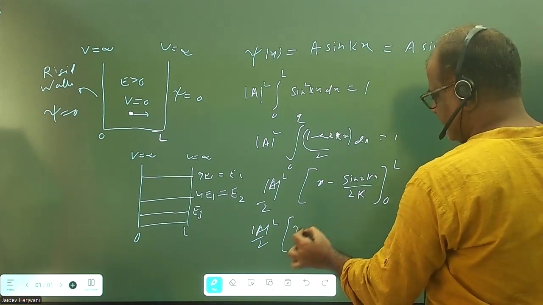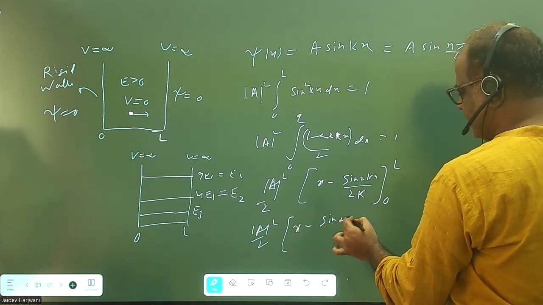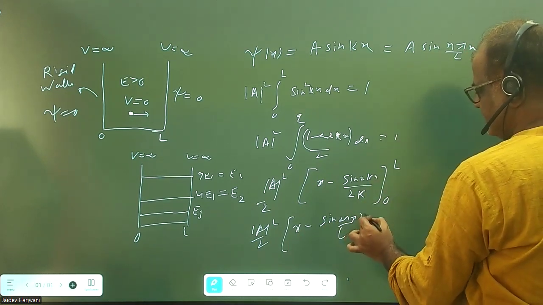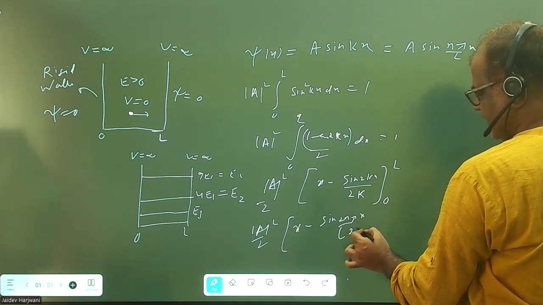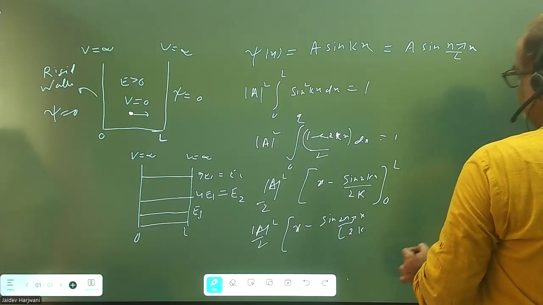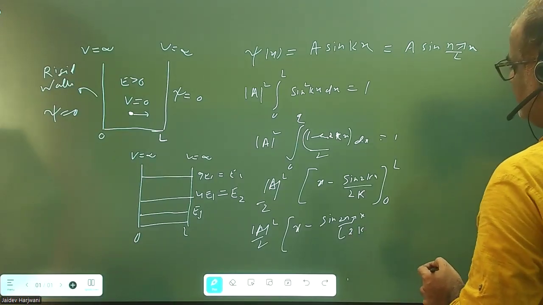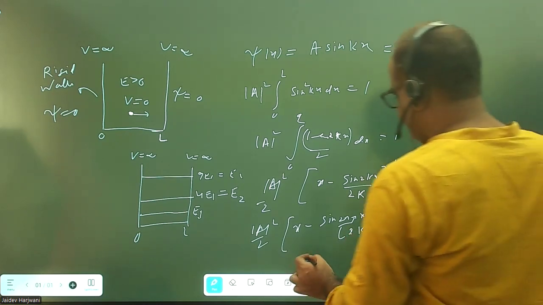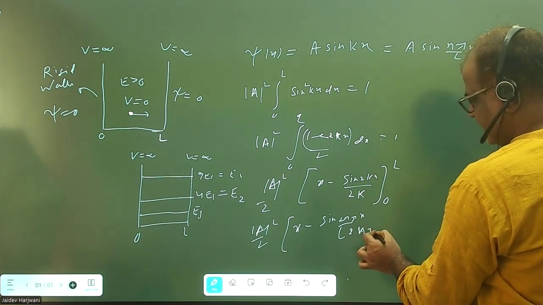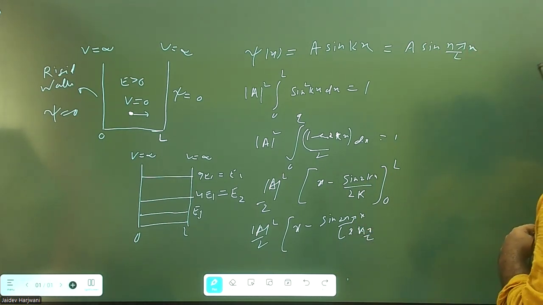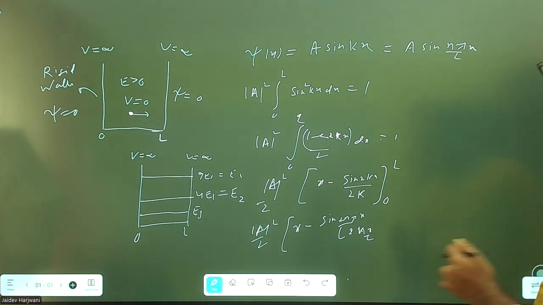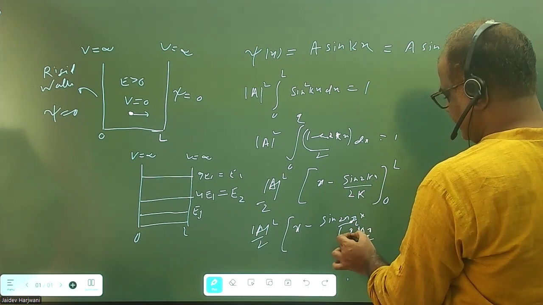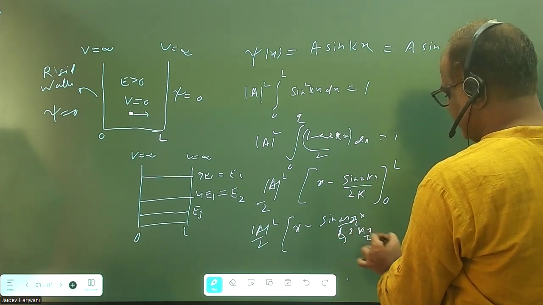So here I will have x minus sin 2 n pi upon L x, and then you have a 2k here. So n pi by L, you have 2n pi by L here, and at the bottom also 2n pi by L.